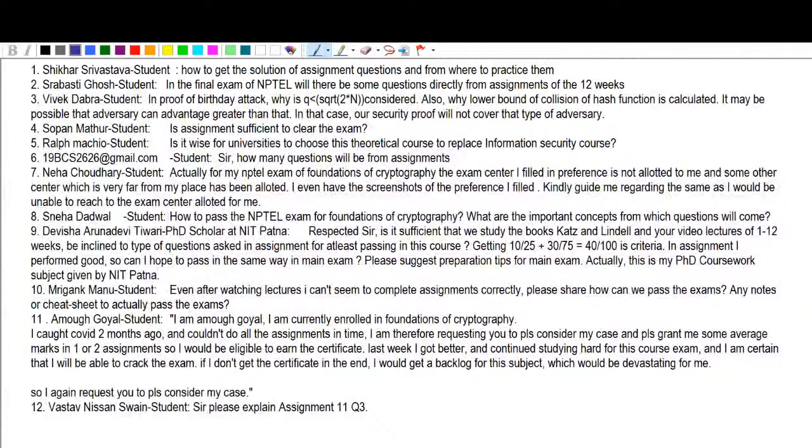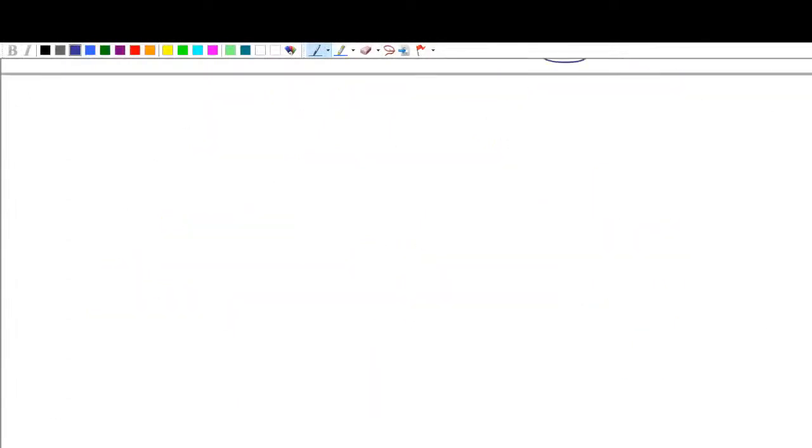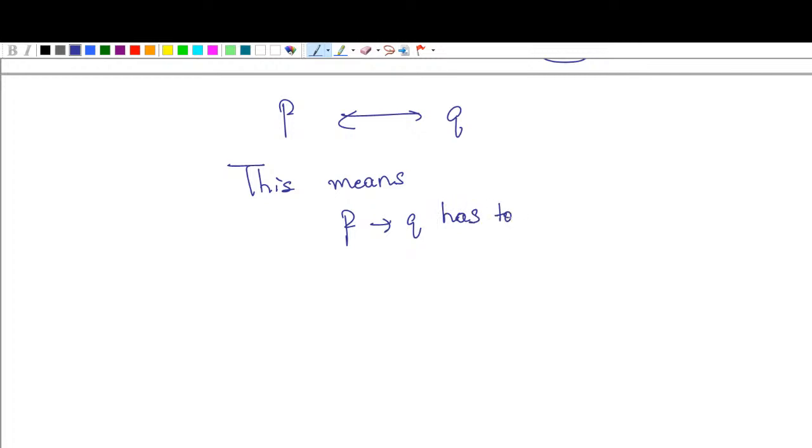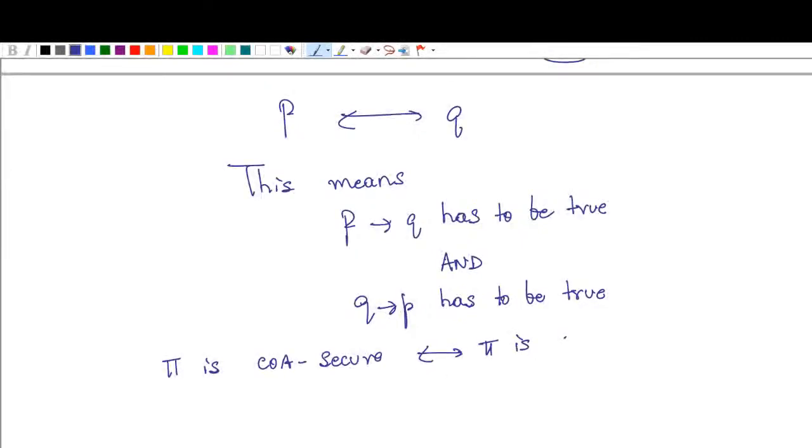Whenever I make an if and only if statement, if I write P if and only if Q, this means P implies Q has to be true and Q implies P has to be true. Okay.